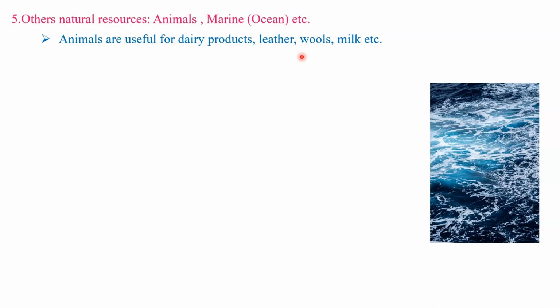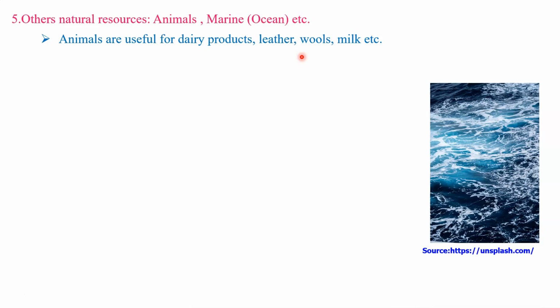Goat, cow, camel, sheep, buffalo, these animals are very useful for the dairy product industry. And leather, wool, and milk-based industries require meat, and meat we get from animals. Even for transportation in rural areas, animals are still used nowadays. Even in a country like India, the use of animals is very important in agricultural operations. Therefore, animals are also very useful resources for economic development.